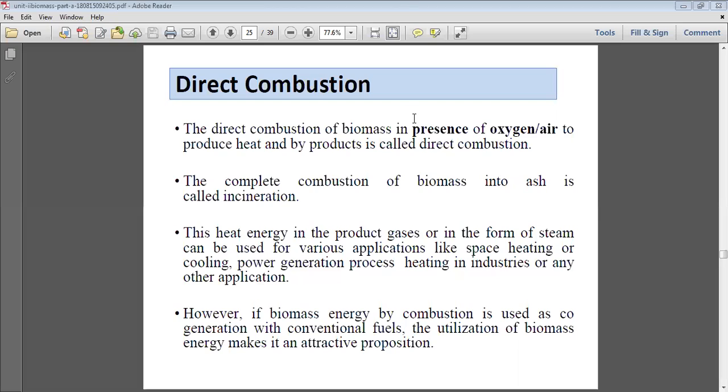If we are using biomass in conjunction with a thermal power plant, that means we are going for co-generation of power.